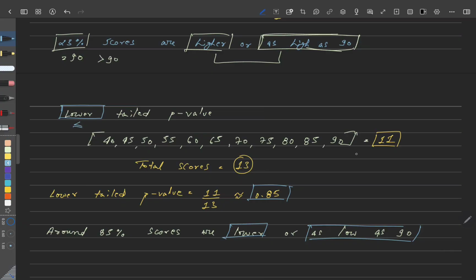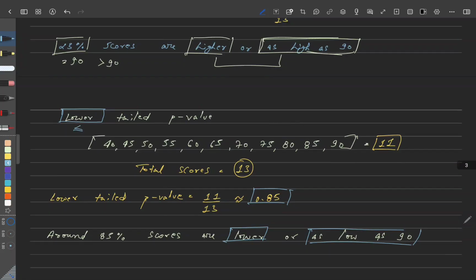But what you need to understand is that you can clearly have a look at the data and see that only one value is equal to 90 in those 11 values that we selected, and all the other values are less than 90. So you can say that your score is again rare on the higher side, because 85% of the scores are lower than your score, which means that you scored comparatively good.